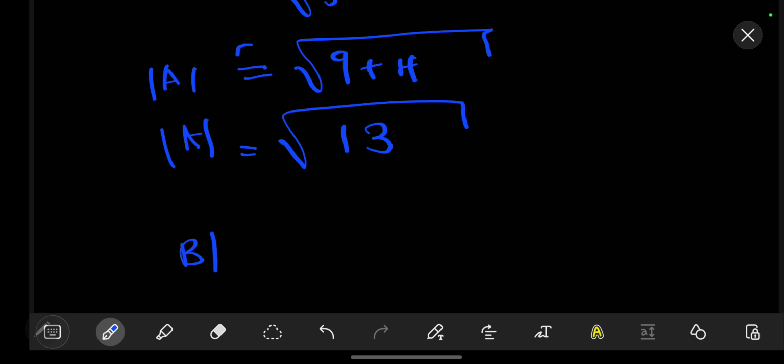Let's do the same for B. The vector B, according to what we were given, is 2i minus j.